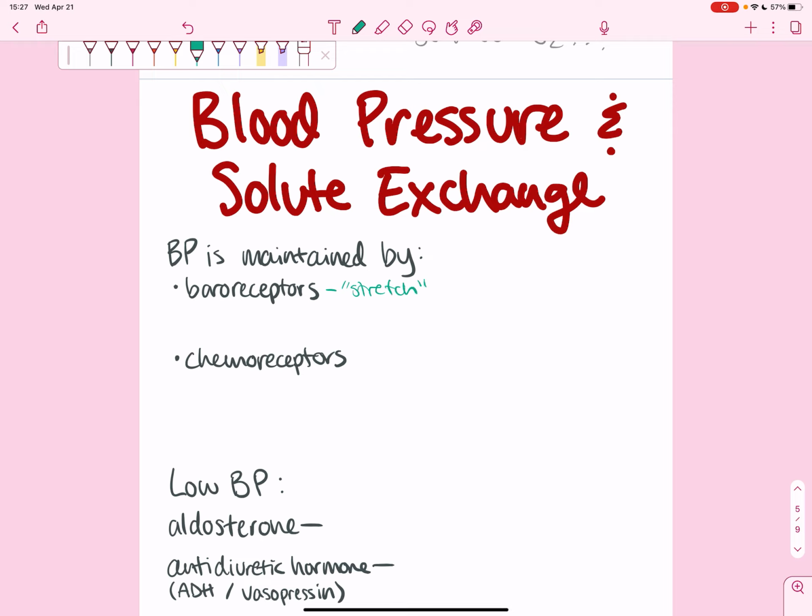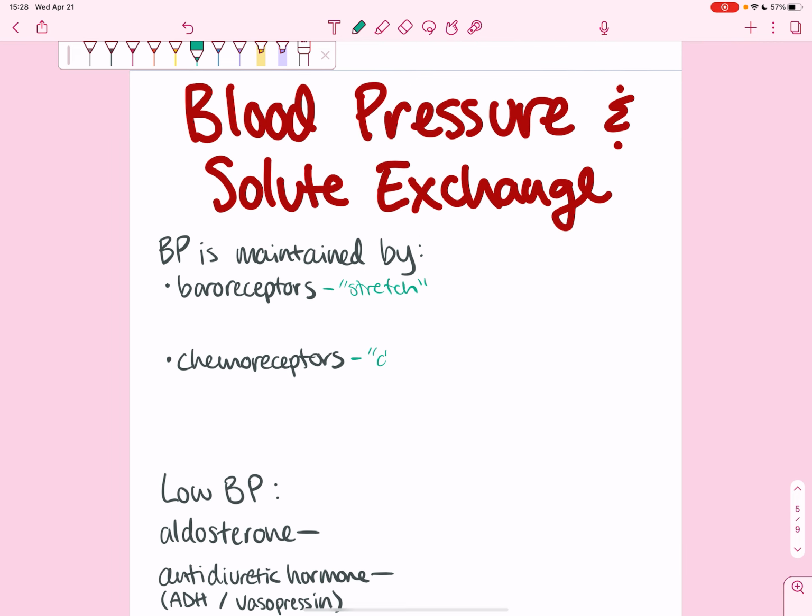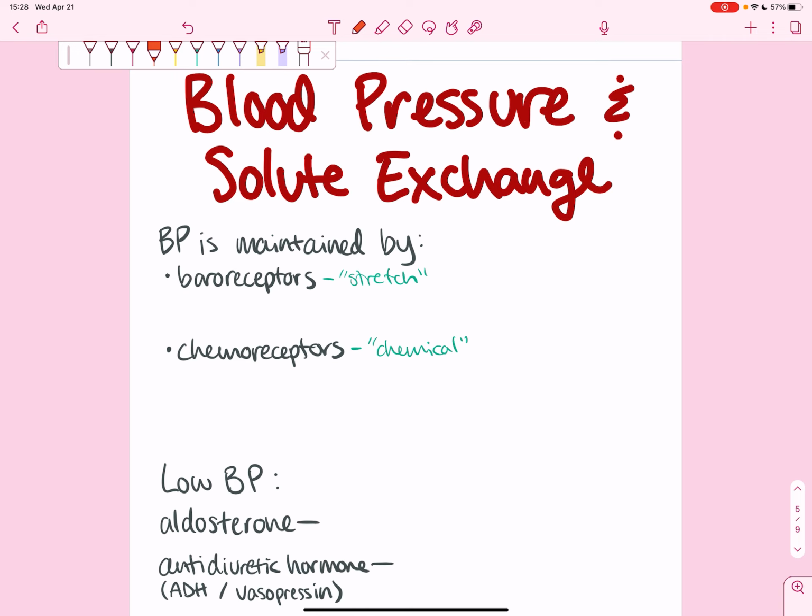And then chemoreceptors will also do green, I'm going to say chemical. But I'll get into that in a second. So, we'll do orange. Baroreceptors are actually mechanoreceptors.